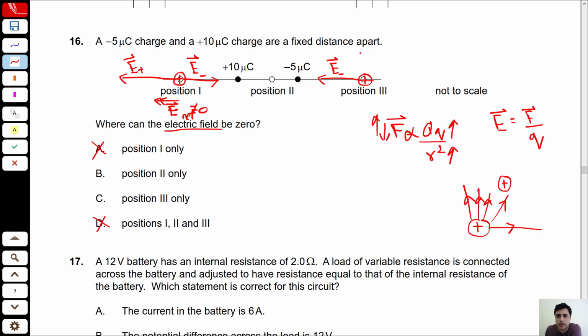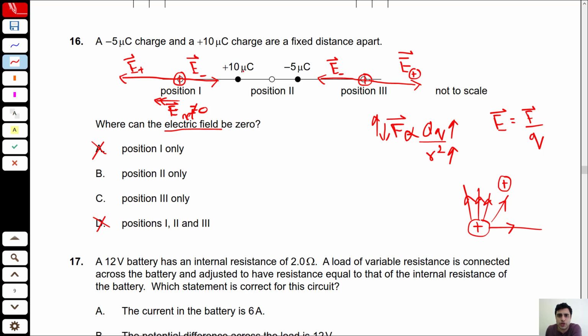Is there any other electric field strength acting on this test charge? Yes, there's an influence of this plus 10 microcoulomb. Positive repels, so there will be a repulsive force in the opposite direction. This is the electric field strength due to this positive coulomb.